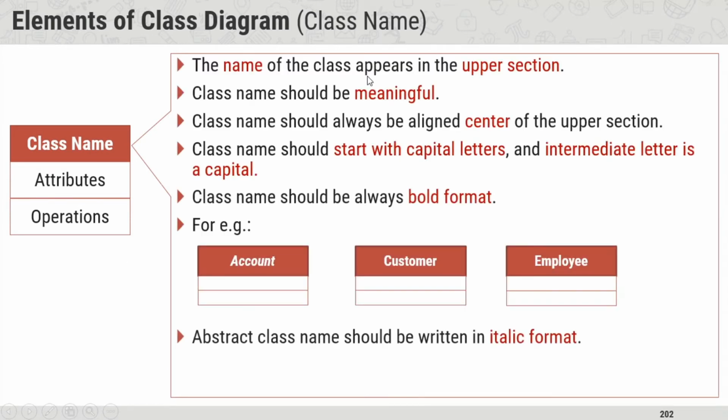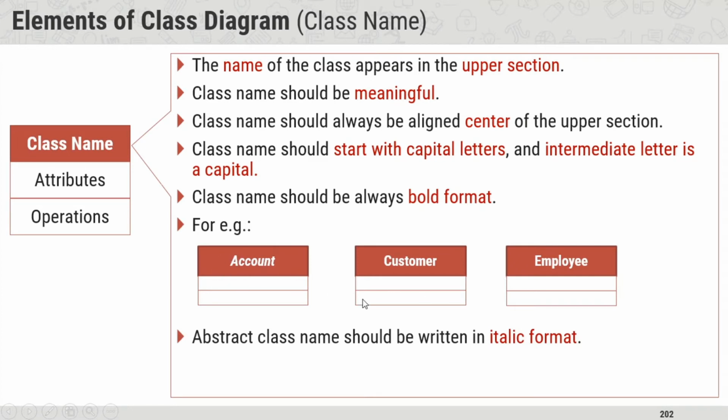The class name appears at the upper section. It has a meaningful name, and it is always aligned to the center of the upper section. The class name always starts with a capital letter, and each intermediate word also starts with a capital letter, and it should always be in bold format.